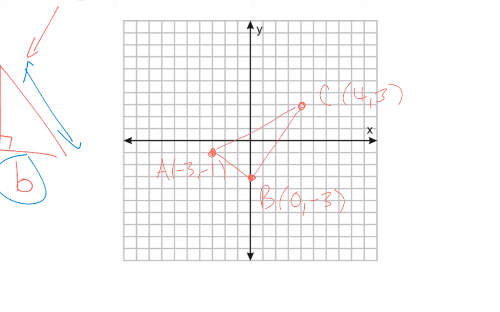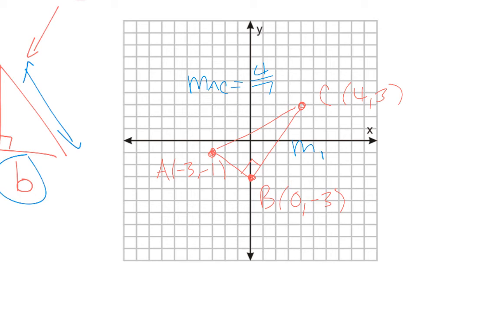Just by looking at this diagram, you should notice that the 90-degree angle is probably located at point B. However, if you weren't entirely sure, you can go ahead and find the slopes of each of these lines. I'm going to do that over here. The slope of AC turns out to be 4/7.